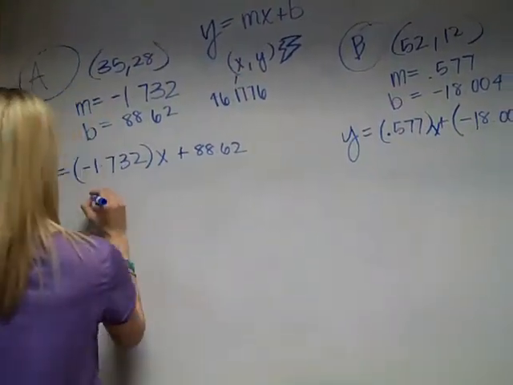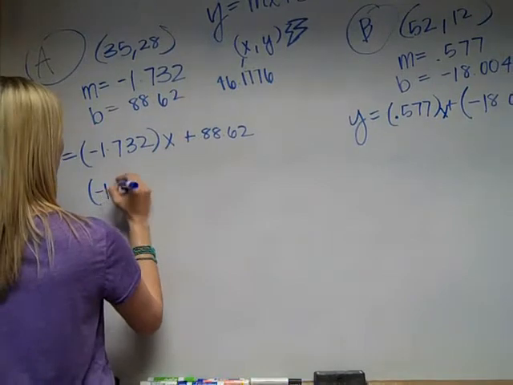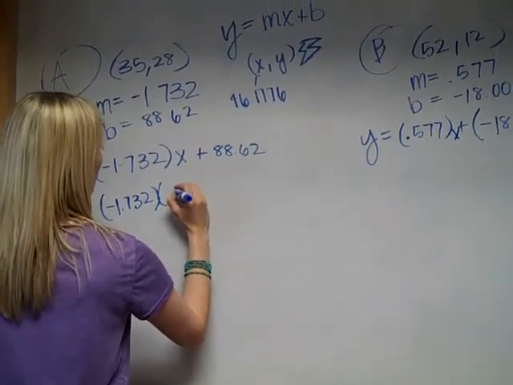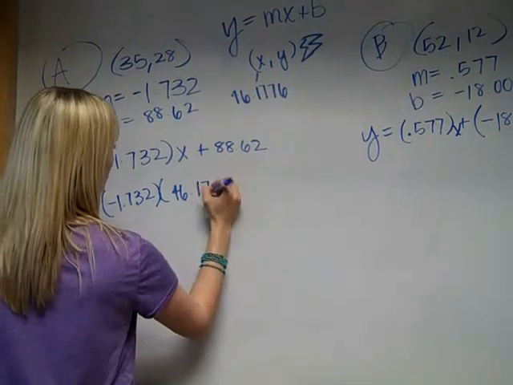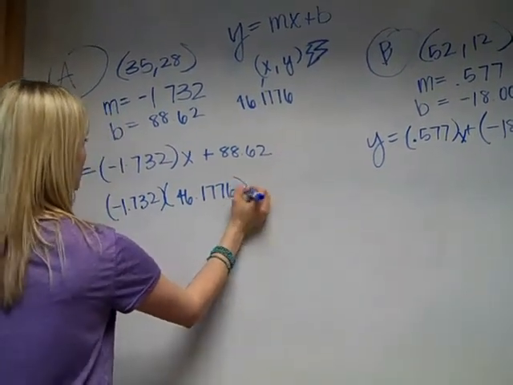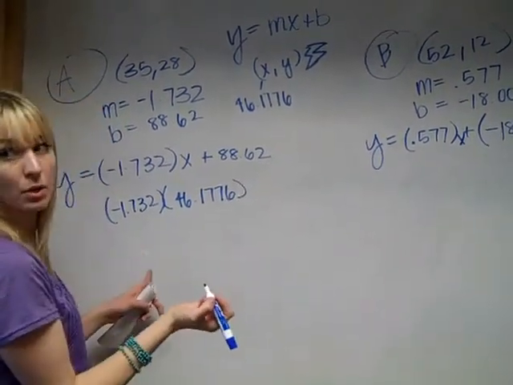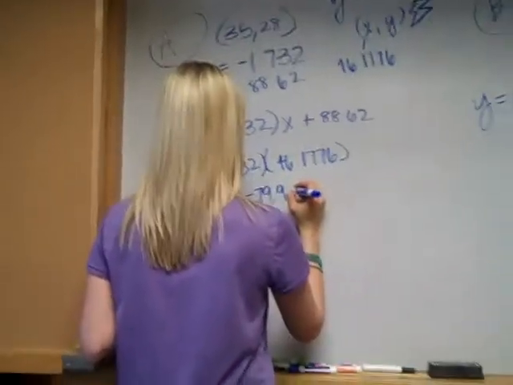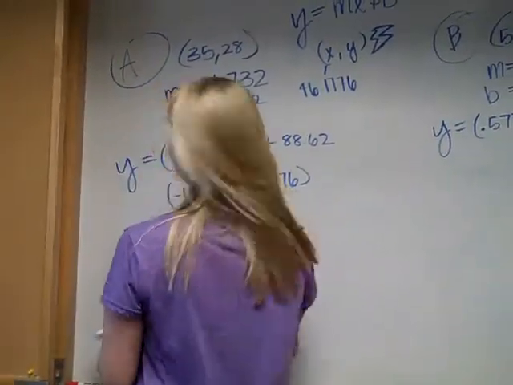So we're going to do negative 1.732 times 46.1776, which is negative 79.9796.